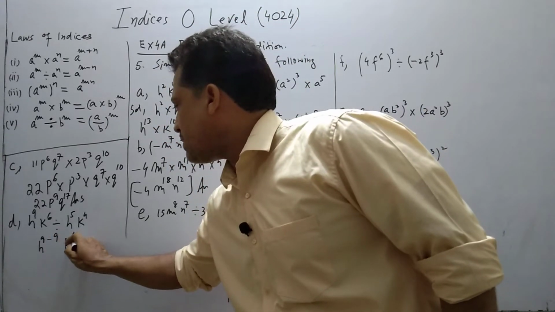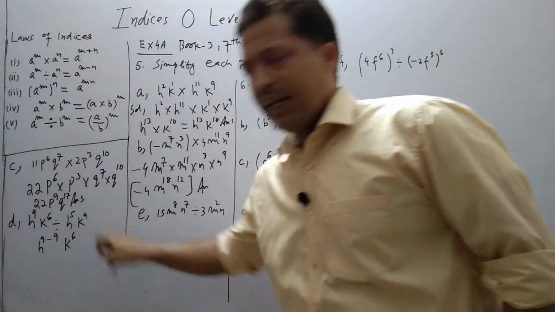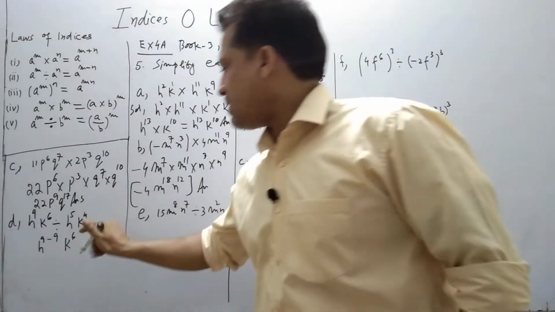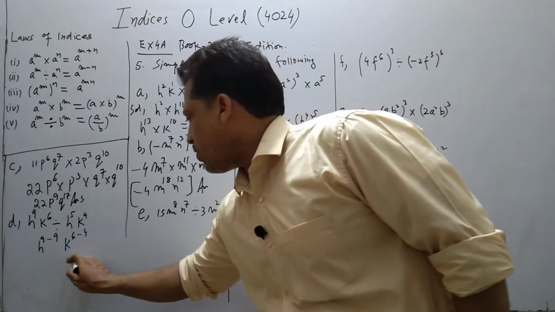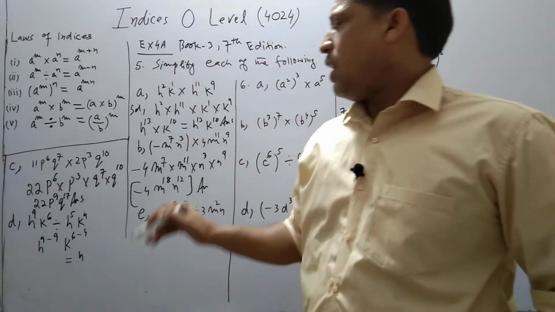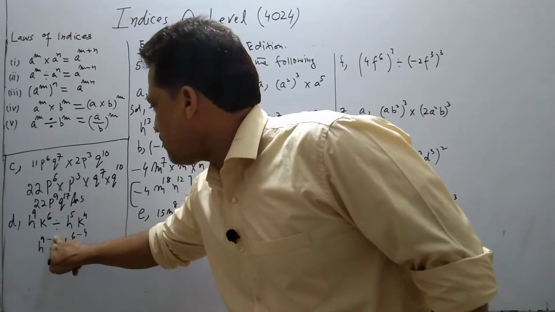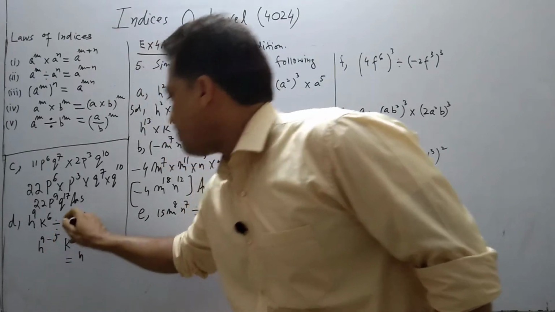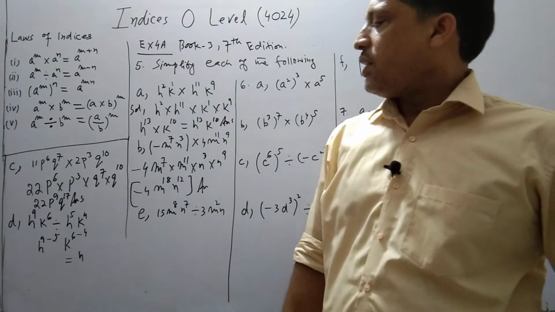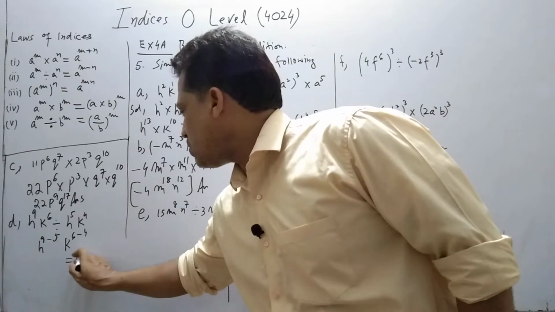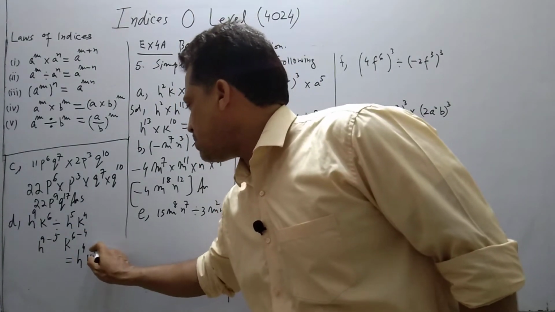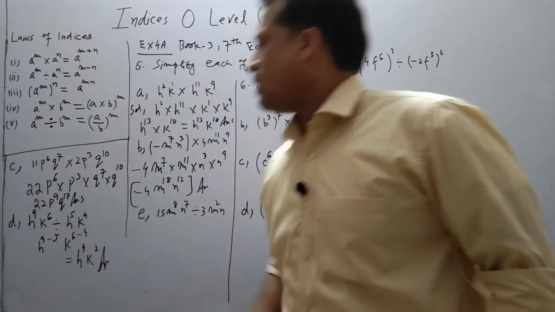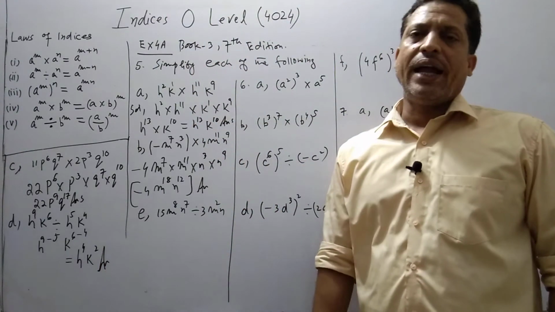This is k6 divided by k4, so k6 minus 4. So your final answer is h9 minus 5, because the power of h is 5. 9 minus 5 is h power 4. 6 minus 4 is 2. So the final answer is h power 4 and k square.